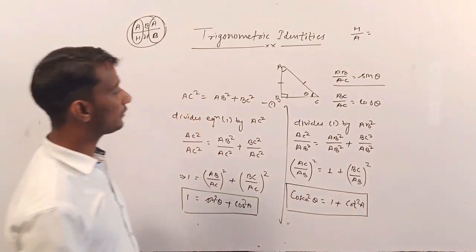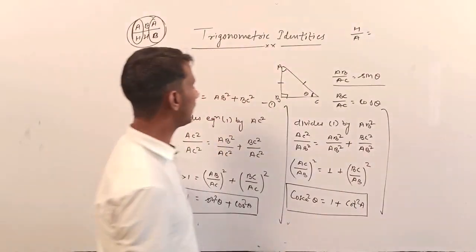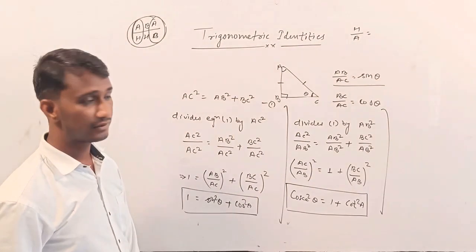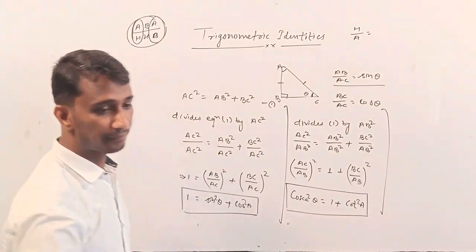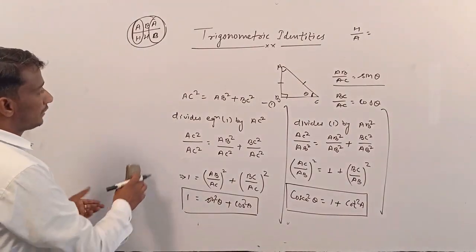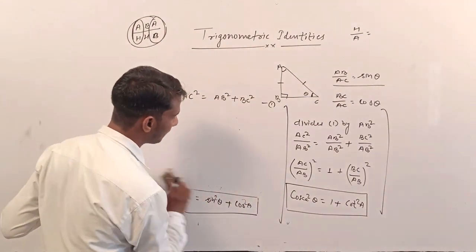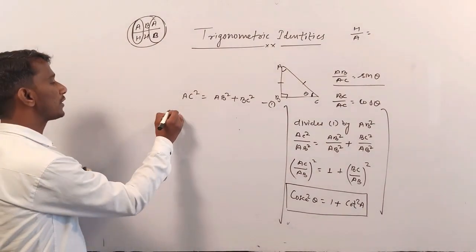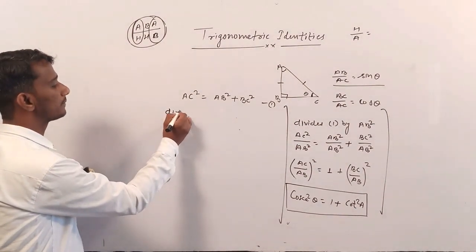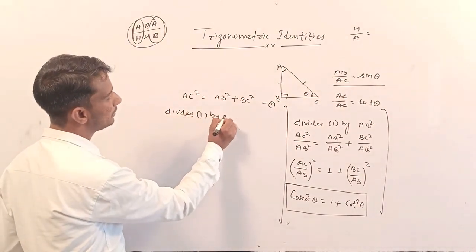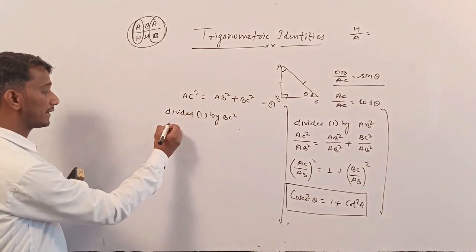Similarly, if we divide the equation first by BC square, the next identity also arises. I am telling you again: if we divide the equation first by BC square, what do we get?